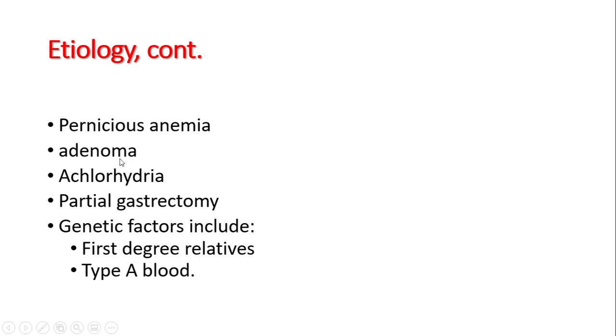Adenoma: in 40% of adenomas there is carcinoma at the time of diagnosis. Achlorhydria is a feature of chronic autoimmune gastritis, in which there are antibodies to parietal cells and to intrinsic factor.